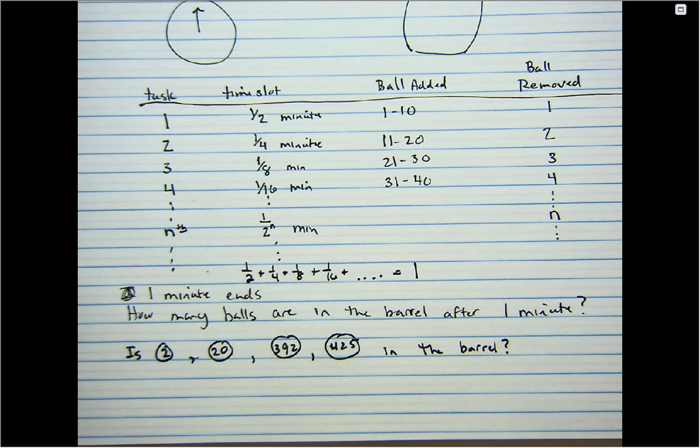Every time, like 10 minutes in, you're still moving one. Yeah. By the end of the minute, there'll be 9 in there. Because it said 1/4 of a minute, 2 should be gone.